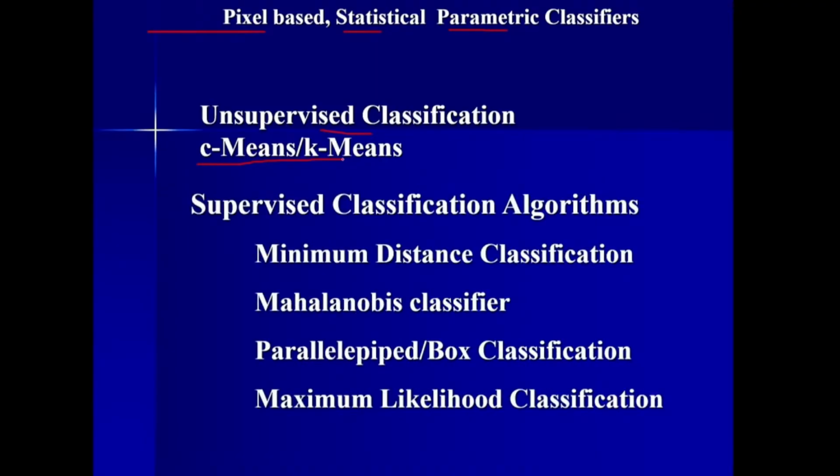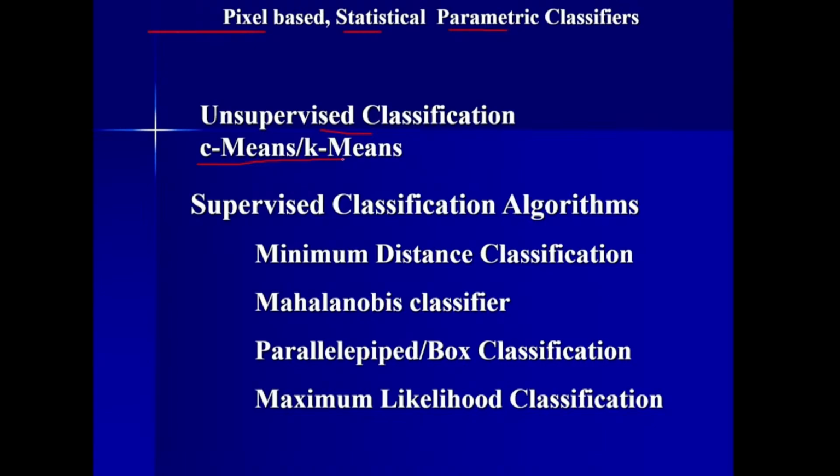The second category of classification is supervised classification algorithms. Here we are providing the training data or ground truth data to train the algorithm. What do you mean by training the algorithm? We are initializing the parameters of the algorithm.